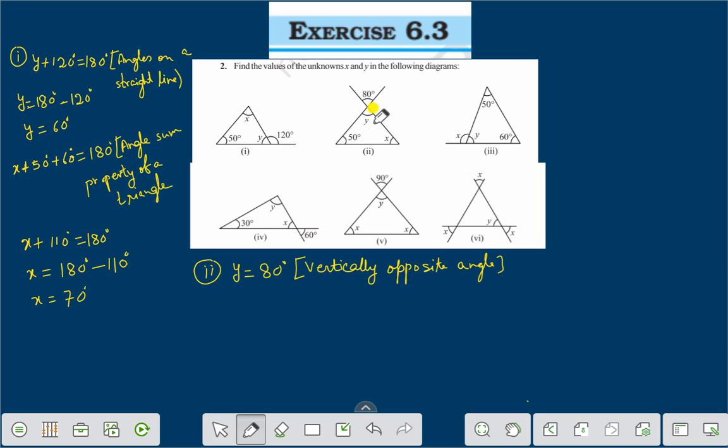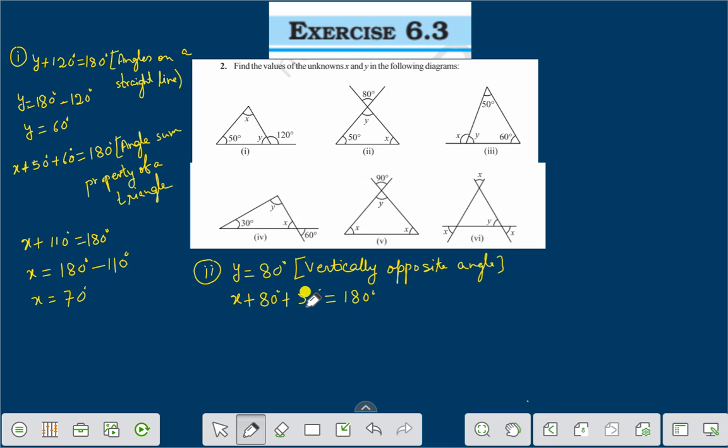Right? And this y is 80 degree. We have to find the value of x. We know that the sum of the angles of a triangle is 180 degree. Therefore, x plus the value of y, which is 80 degree, plus 50 degree is equal to 180 degree, right?